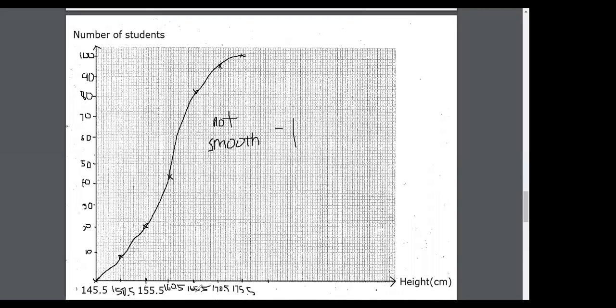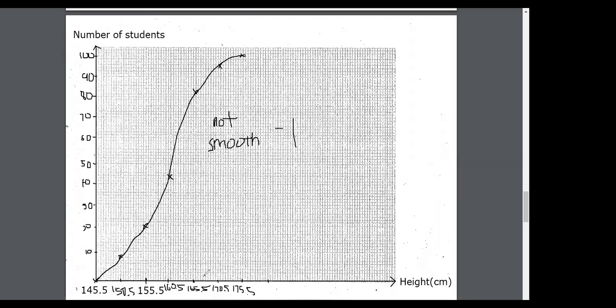For every small line, there are 10 lines between the first point and the second point. So 160.5 is the first line and 165.5 is the last line, with 10 lines between them.